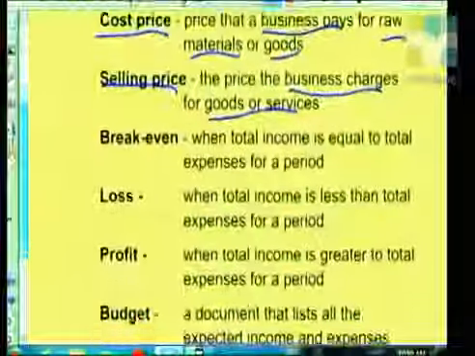So we need to make sure that we are in business to make a profit, not just to be happy that we can donate our time, donate our transport. No, that's not going to help. We need to make sure that everything is covered and that we are actually making a profit and that it's worth the customer's while to get the goods from us or the service from us. Now, there are three scenarios that I'm sure you're aware of.